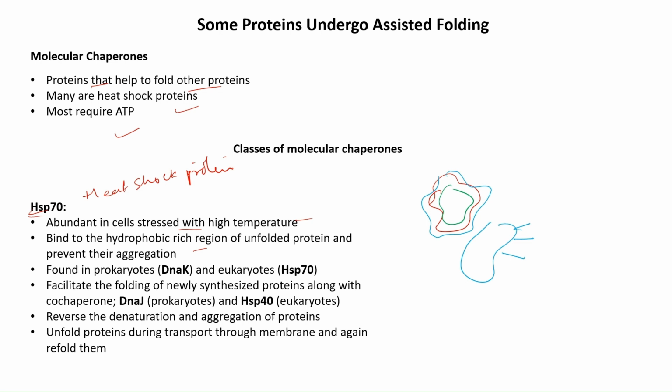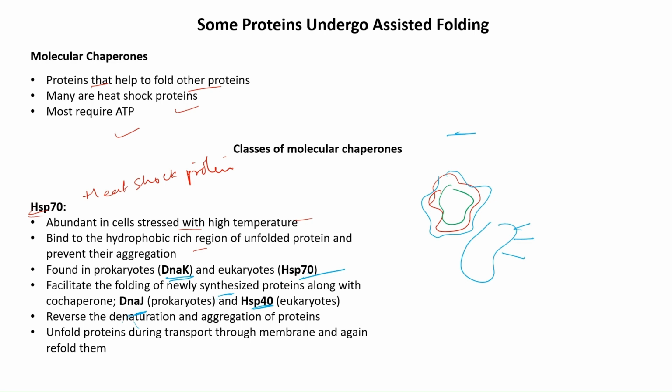Now, HSP70 is found in prokaryotes as well as eukaryotes. In eukaryotes, it is known as HSP70, and in prokaryotes, it is known as DnaK protein. They help in the folding of newly synthesized protein with the help of another chaperone known as a co-chaperone. In prokaryotes, that helper protein is known as DnaJ, and in eukaryotes, it is known as HSP40.